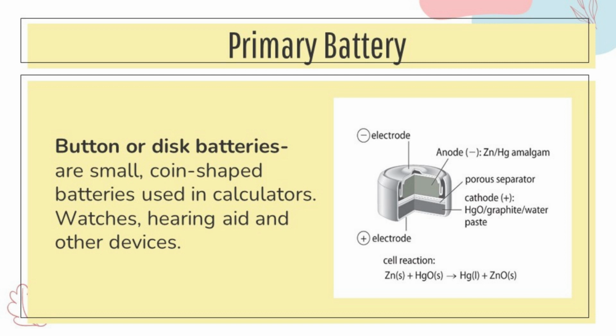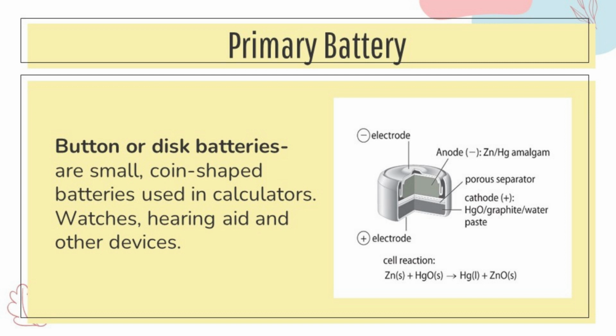So in here, we have the zinc and then we have here the HgO, or what we call the amalgam. Okay? So that is the reaction between a primary battery. So for the lifespan, again, it can only last up to 3 years of completely usage.